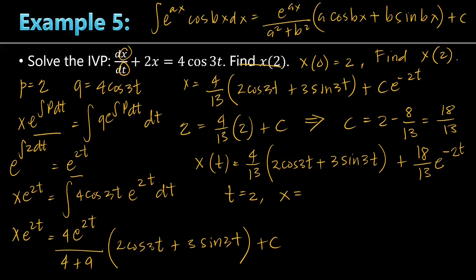Take note that when computing, the calculator must be in radian mode, because when you are getting the sine and cosine of something, it must be in radians. So, press the calculator with t equal to 2, and the answer is 0.358. So now we have a numerical answer. Easy, right?